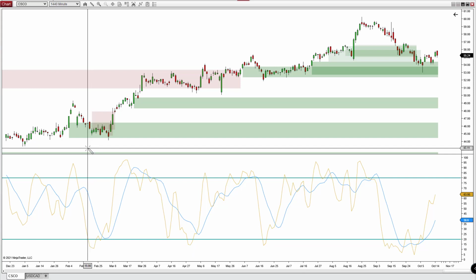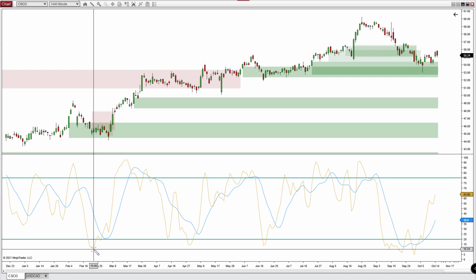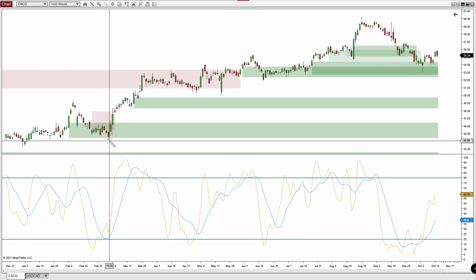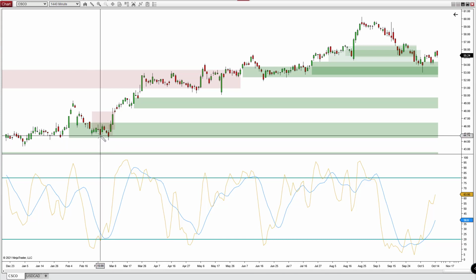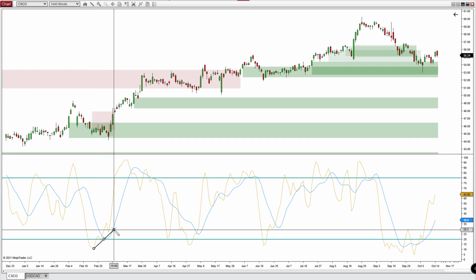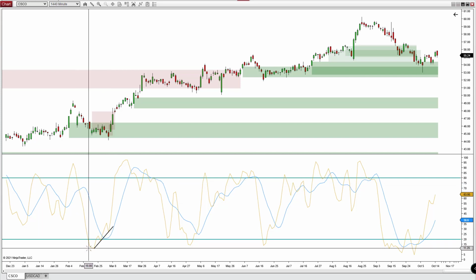But you notice here how price is coming down, stochastic comes below the extreme. Price goes up, comes down again, and makes a new low. Actually, it makes a new low right here and here. You can see in both instances stochastic is going higher, and I'm referring specifically to the orange line.